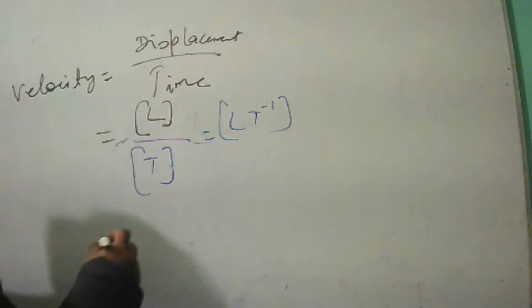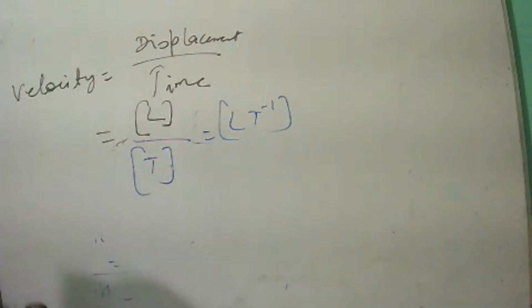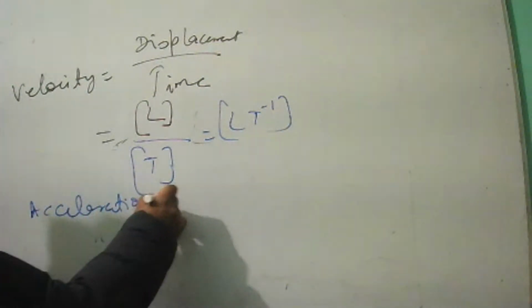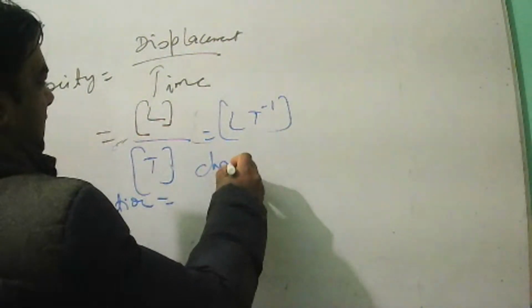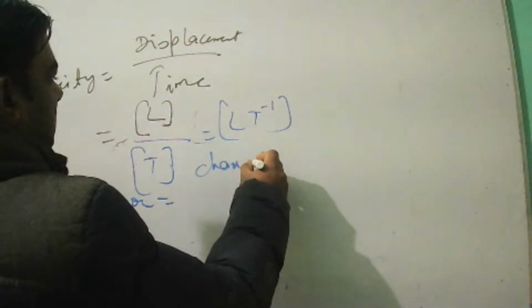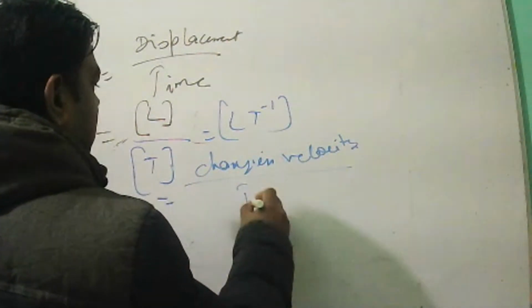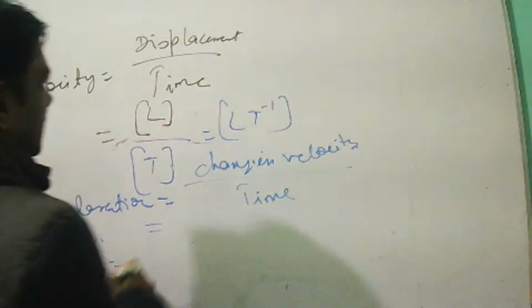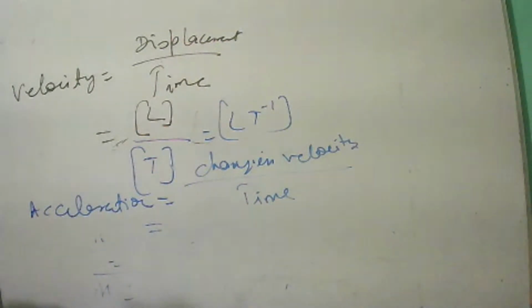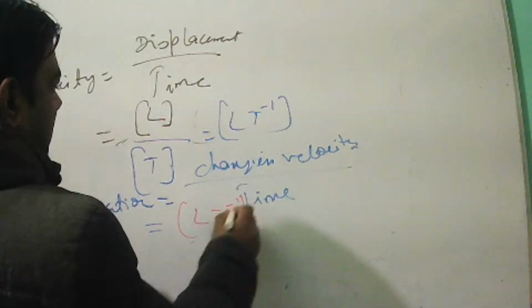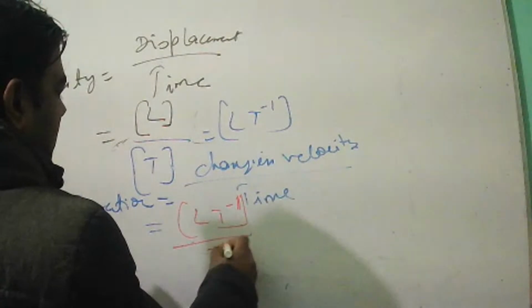Next formula after velocity, if you go, then you will get acceleration. So in case of acceleration we say this is equal to change in velocity divided by time. How do you represent change in velocity? So for velocity just now we have come to know LT minus 1. You write an LT minus 1 and time will be T only.